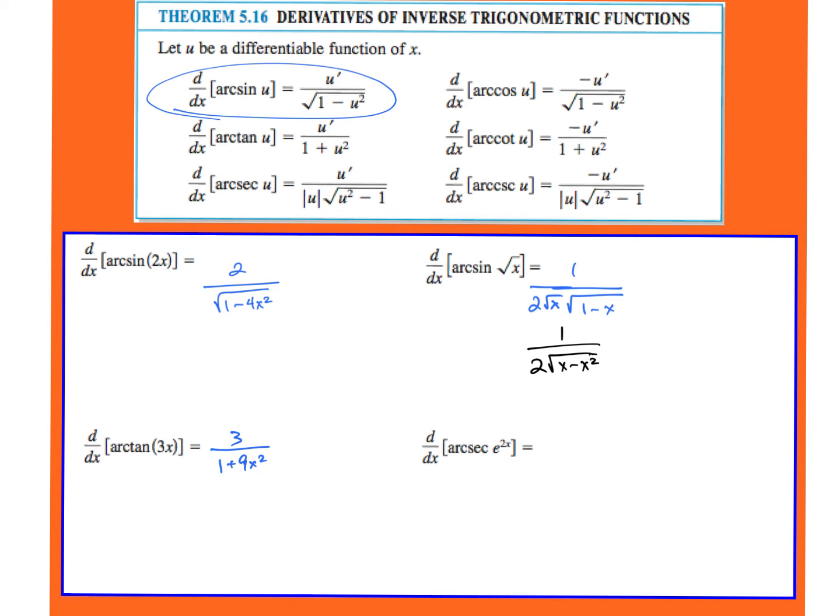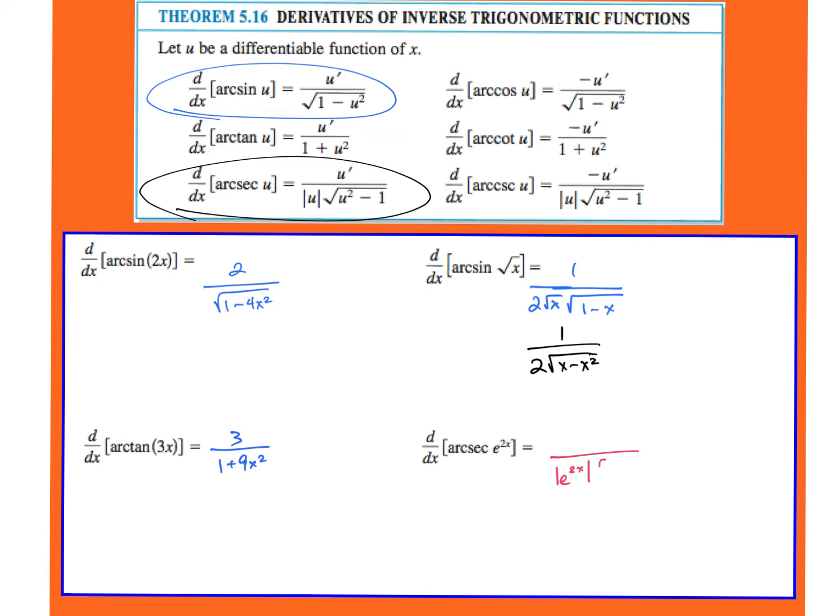So now I have arc secant of e to the 2x. All right. So we didn't prove arc secant or arc cosecant. However, we're just going to just use them. So we're looking at that guy right there. So now I have absolute value of e to the 2x.